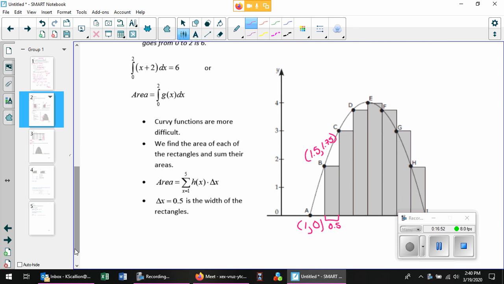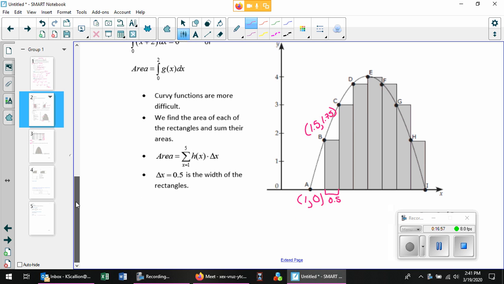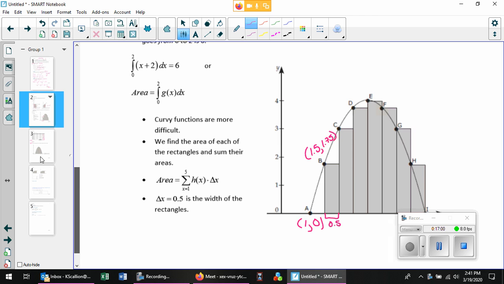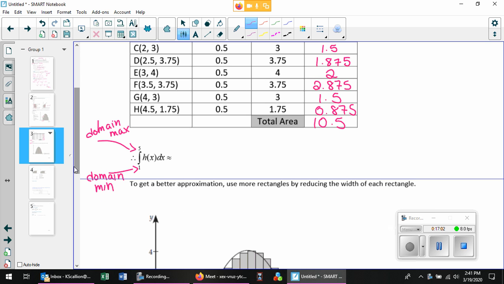Our delta is the width. So the change in x is 0.5. So we took the function times the derivative, dx, which was a delta, so it's going to be approximately, two wavy lines means approximate, so that would be 10.5. So we went from an x value of 1 to an x value of 5, all the y values, and essentially we sum them all together. Okay, so in integration, we're going to be summing those rectangles.